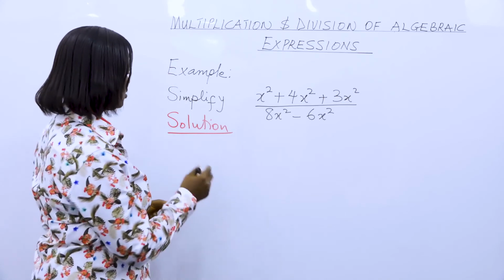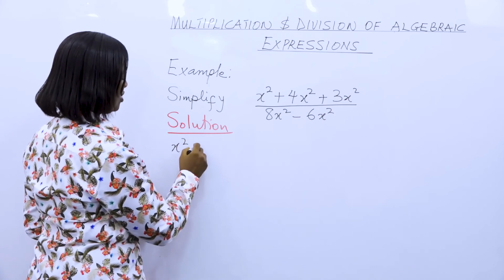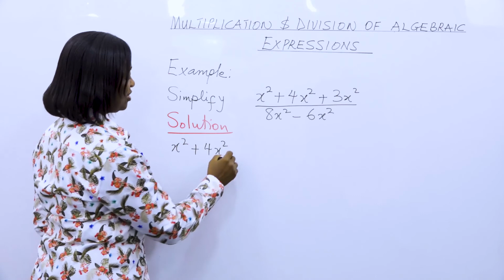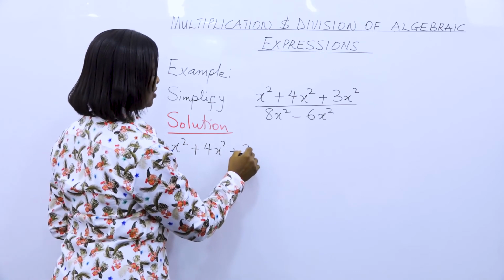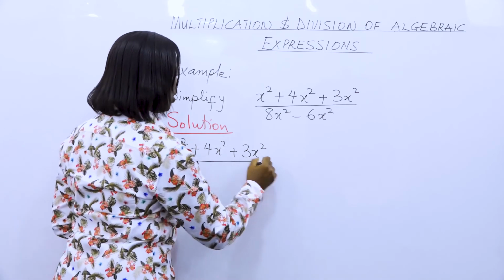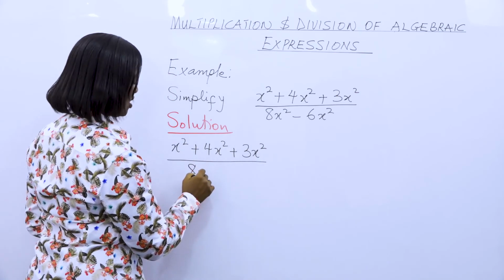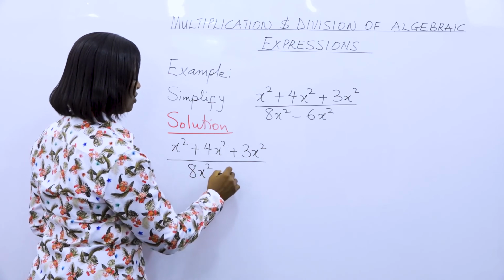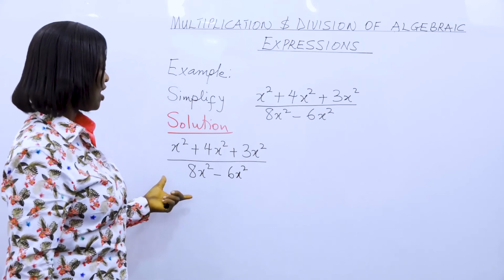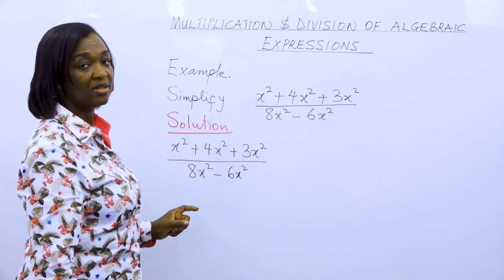So we set it out. x squared plus 4x squared plus 3x squared, all over 8x squared minus 6x squared. You can see, they are all like terms.